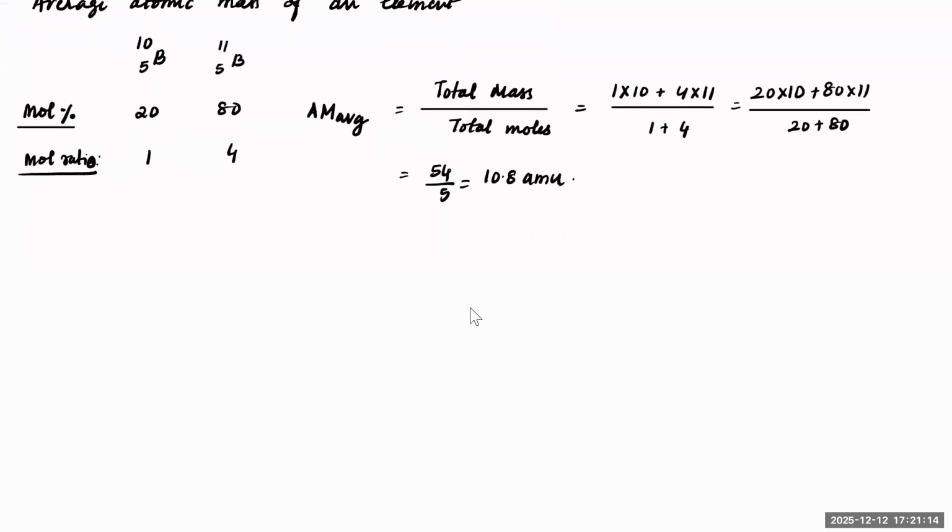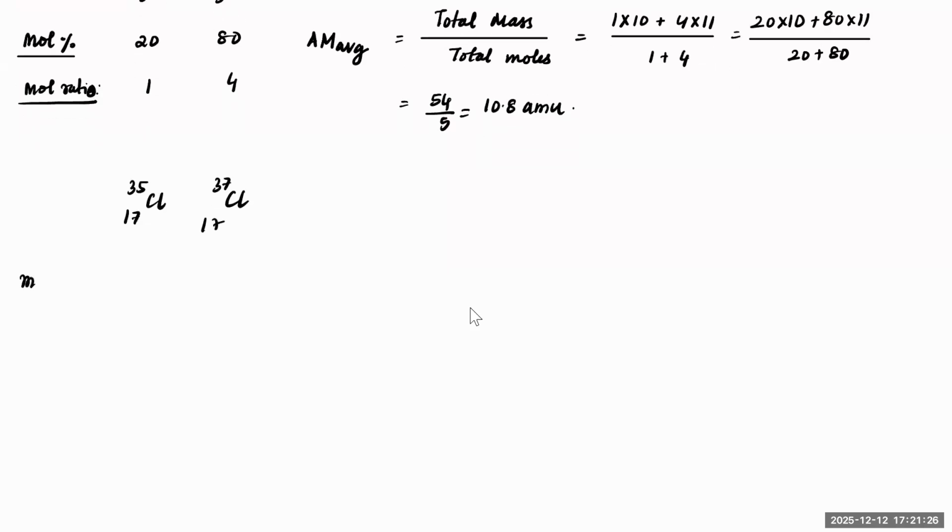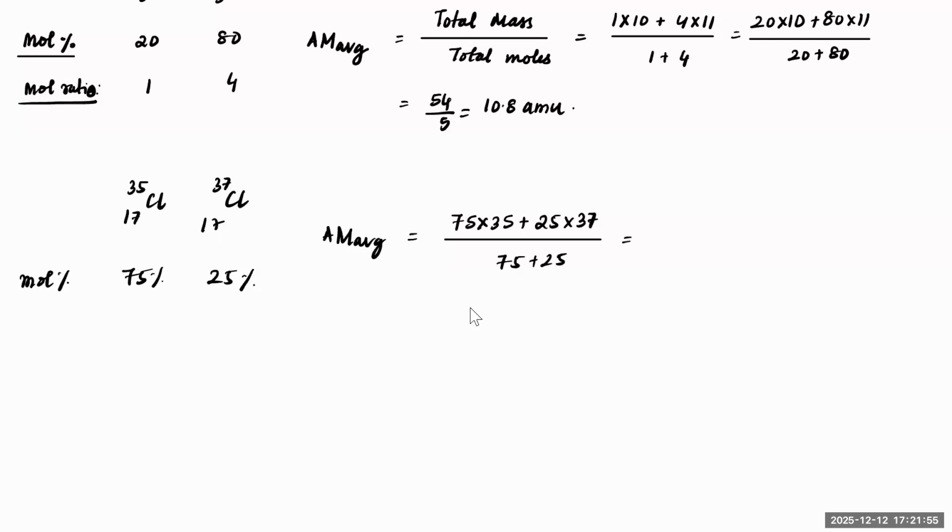So is this definition clear? Yes, sir. Now, when it comes to chlorine, chlorine is 35 17 and 37 17. Here the mole percentage is given as 75 and 25 percent. So the atomic weight average is 75 into 35 plus 25 into 37, this whole divided by 75 plus 25, correct?